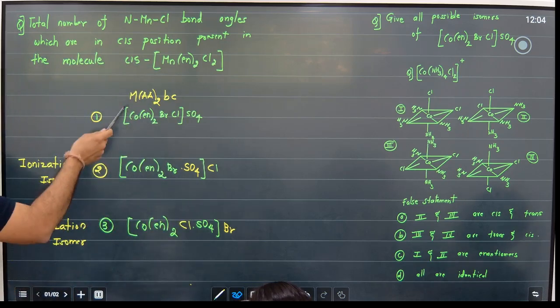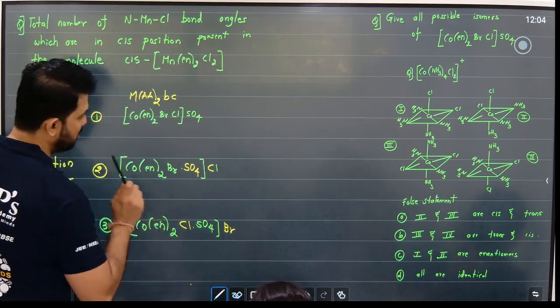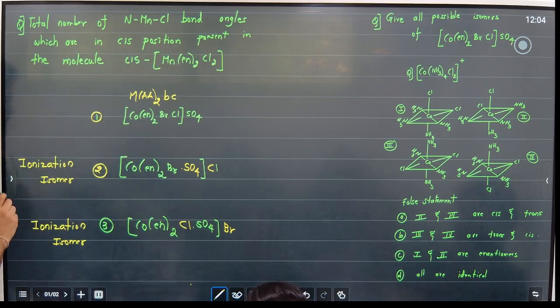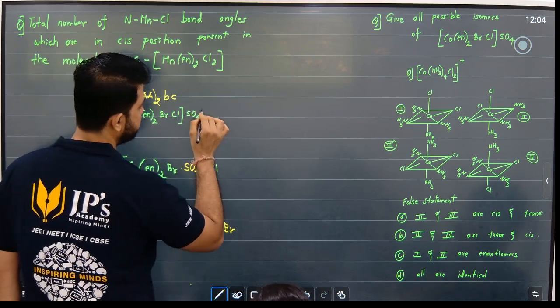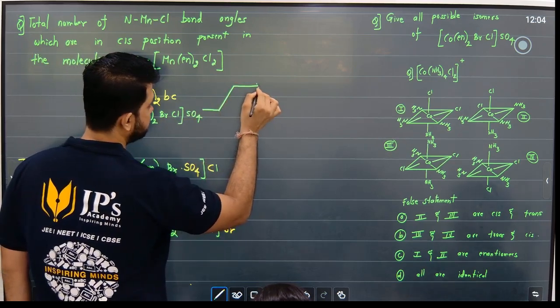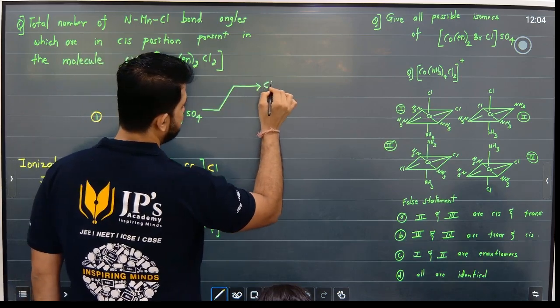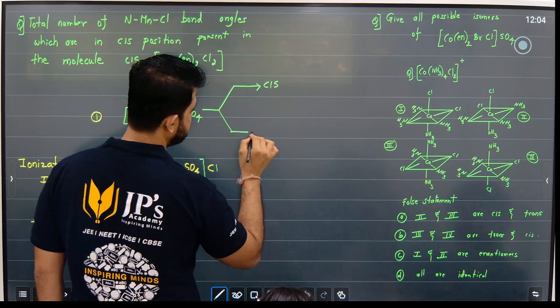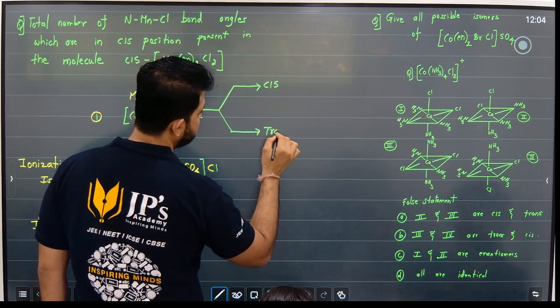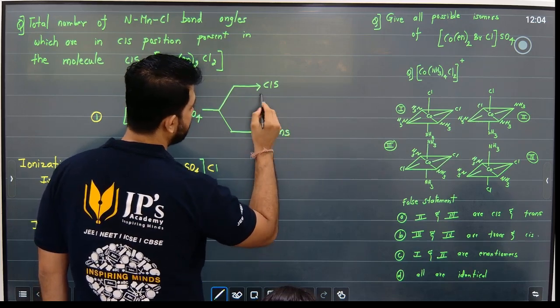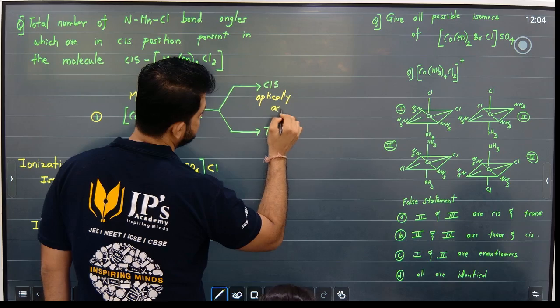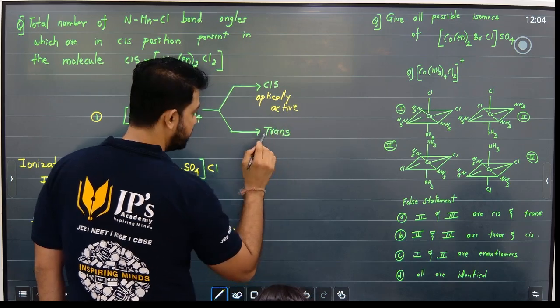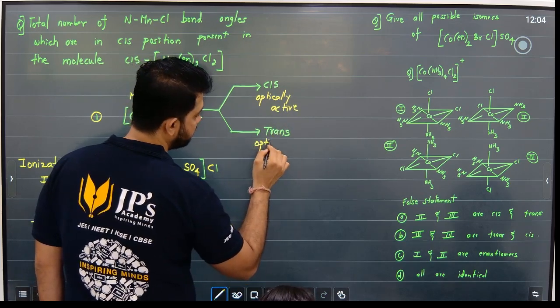Okay. Now, MAA2BC. This has two forms. Which ones, people? This can have a cis form. Excellent. And this has a trans form. And we know that the cis form is optically active. Excellent. The trans form is optically inactive.